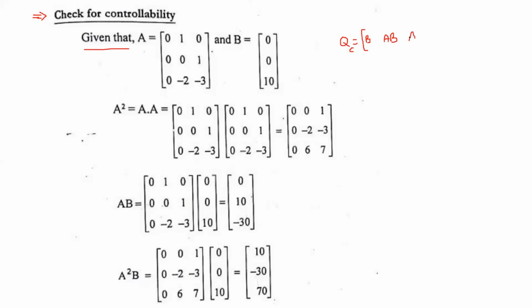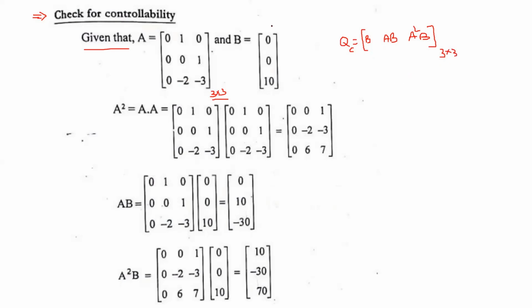A square times B. Why should I take only 3 columns? Because the order of this matrix is 3 by 3, that is, the order of the system is only 3. Therefore, I will go with 3 columns, so it will also be a 3 by 3 matrix.